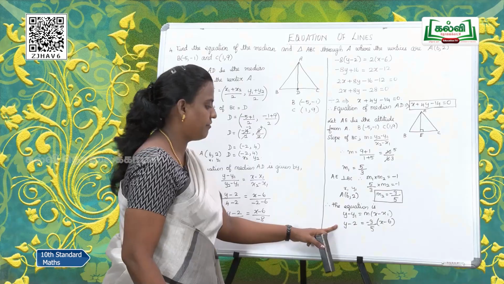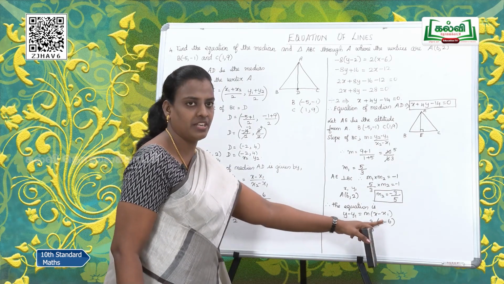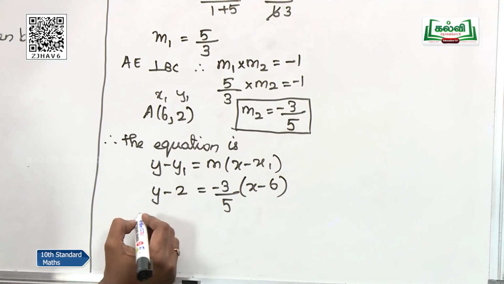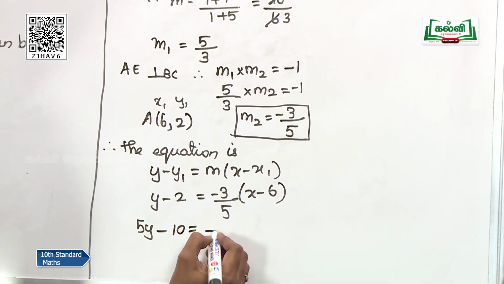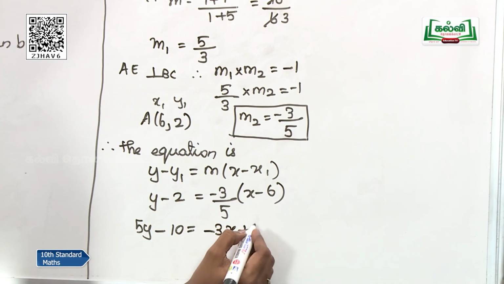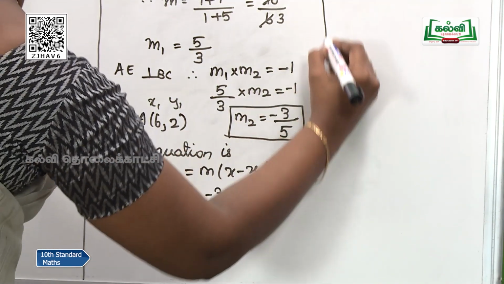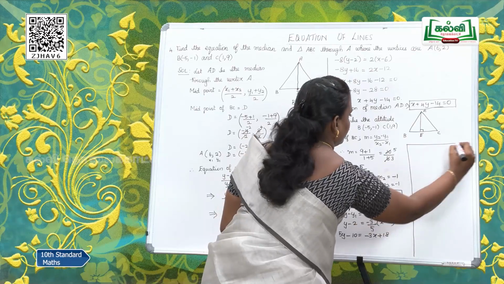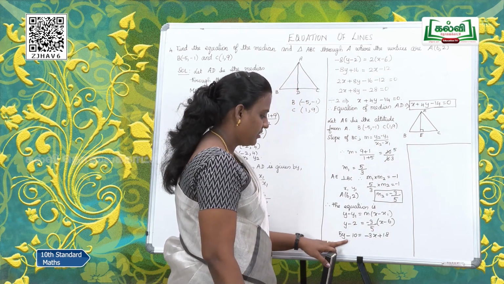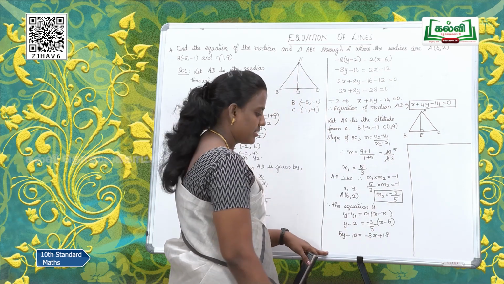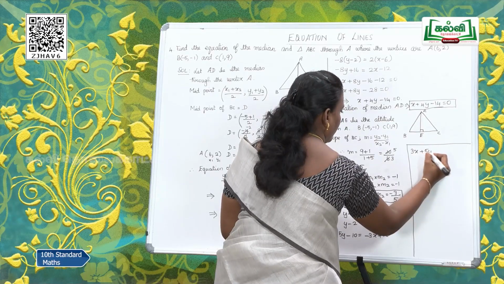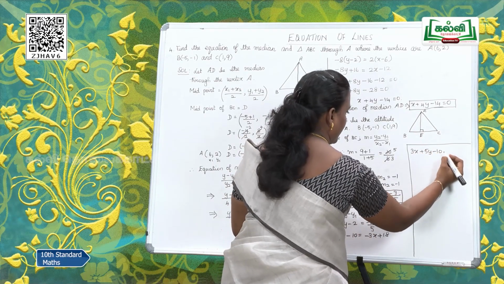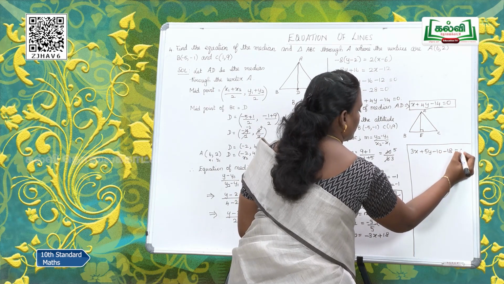So, equal to minus 3 by 5 into x minus 6. Now, cross multiply 5 here, multiply minus 3 inside. So, I get 5y minus 10 is equal to minus 3x plus 18. Now bring minus 3x to the other side. So, I get 3x plus 5y minus 10 minus 18 is equal to 0.